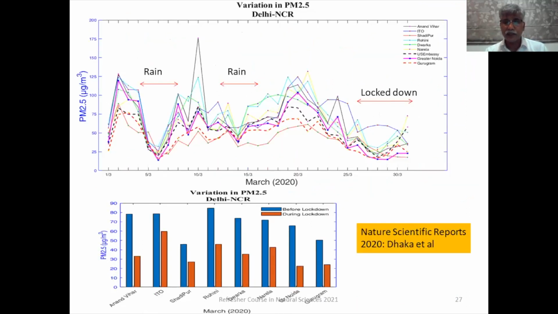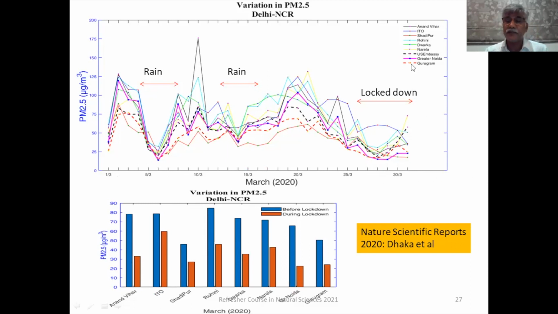But before this, I think I must show a quick scenario on 8 stations over Delhi last year in the month of March and up to April. I mean, starting from 1st March and ending, I think, at the end of March. Of course, we extended this study, but it is not shown here.